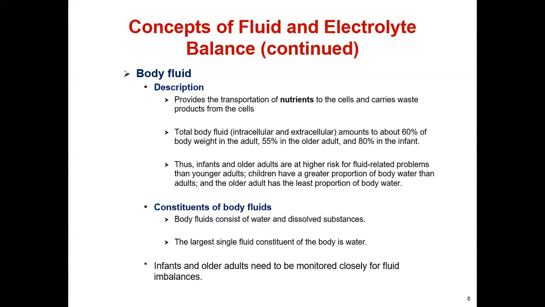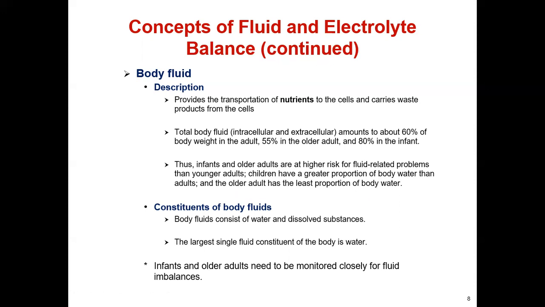Now let me read it. Thus, infants and older adults are at high risk for fluid-related problems. Children have a greater proportion of body water than adults. An older adult has the least proportion of body water.